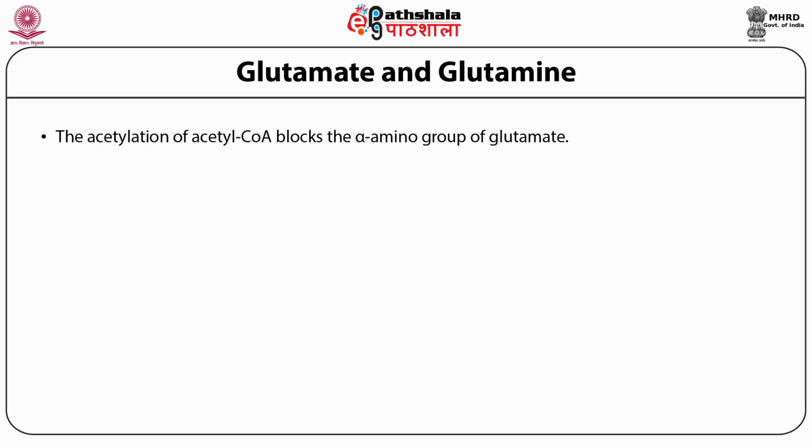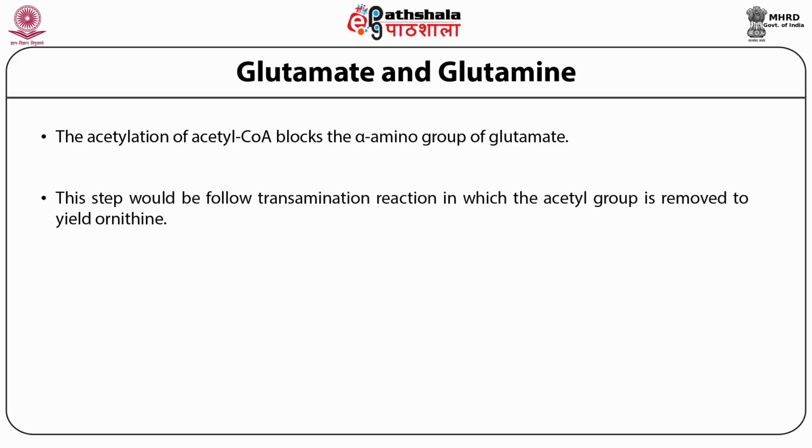The acetylation by acetyl coenzyme A blocks the alpha amino group of glutamate. This step is followed by a transamination reaction in which the acetyl group is removed to yield ornithine.